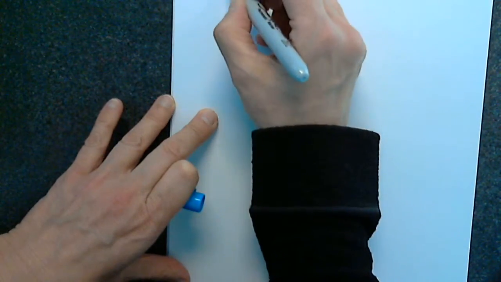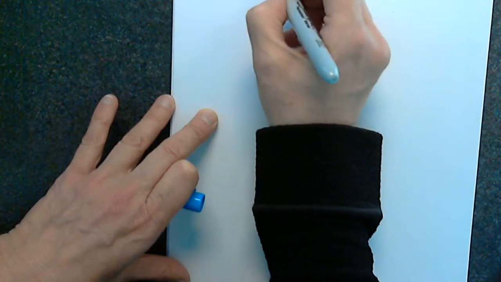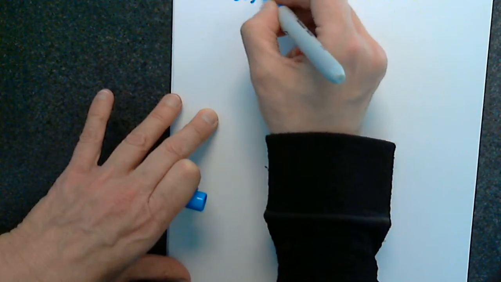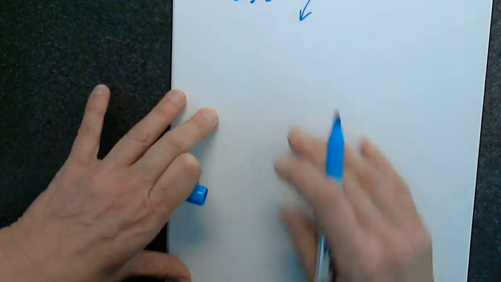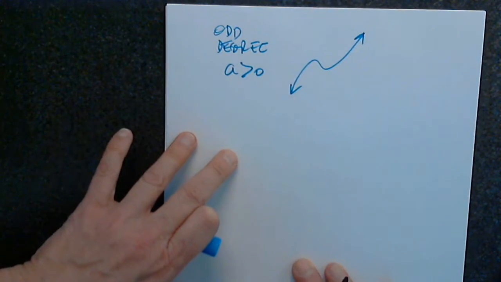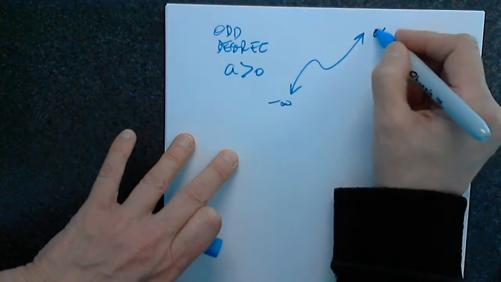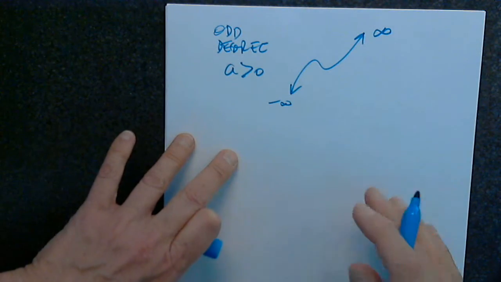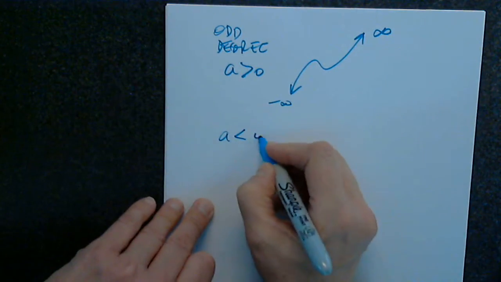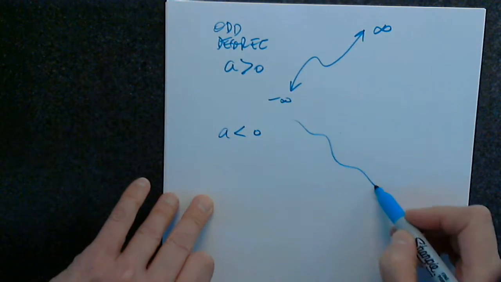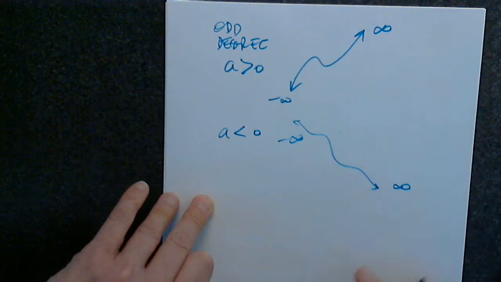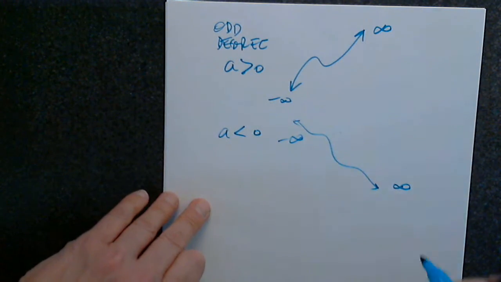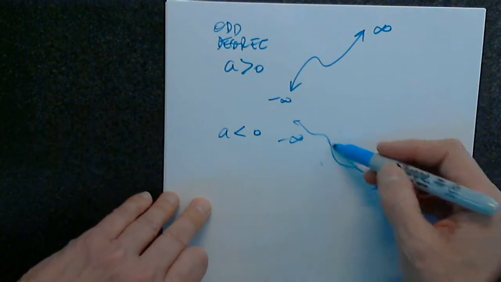So for odd degree and the leading coefficient positive, it will look like this. We read from left to right. So for negative leading coefficient, it will look like this. I don't know how many turns it has. I don't know what's happening in between.